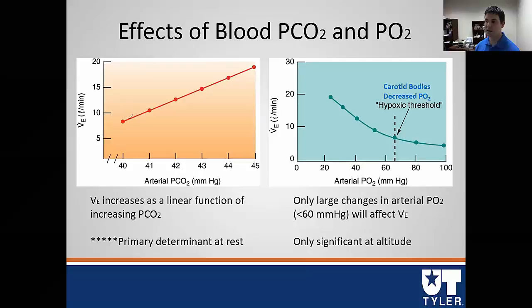If we use some type of experimental procedure to increase the arterial PCO2, or partial pressure of CO2, we will see a direct linear increase in ventilation. Right? What this indicates is that at rest, PCO2, partial pressure of CO2, is the primary determinant of your rate of breathing at rest. Right?